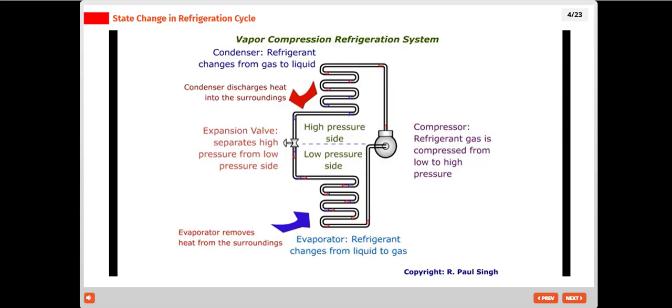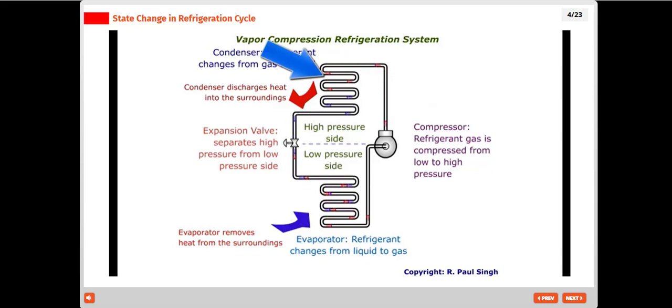As the refrigerant comes out of the compressor, it is in a superheated vapor state, and we see these red arrows going through the condenser where the refrigerant condenses into a liquid. As the refrigerant vapors condense into liquid, heat is discharged to the surroundings.